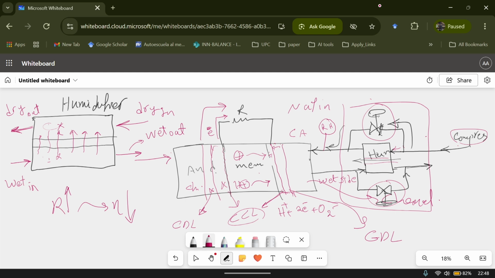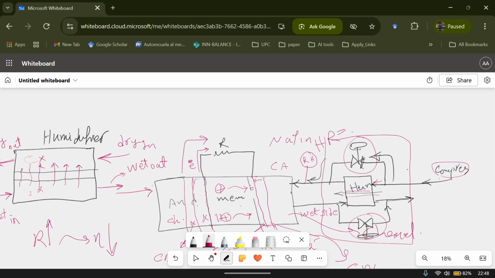Relative humidity is a variable that depends on the temperature. That's why the majority of the time it's better to control the humidity ratio, which is the amount of water that exists in the air, not the relative humidity, because relative humidity depends on the temperature, but humidity ratio or dew point are the better variables that we can use to control the humidity of a stack.